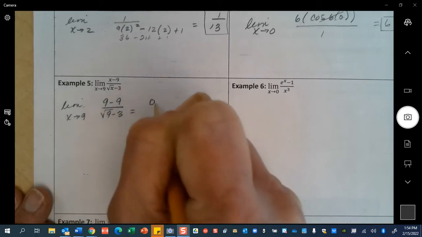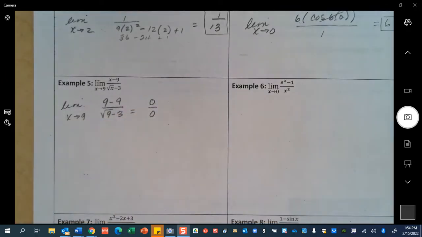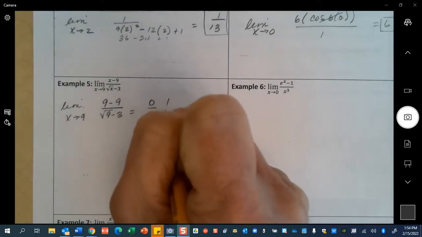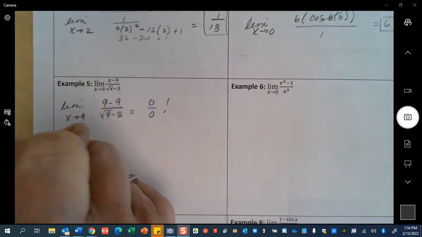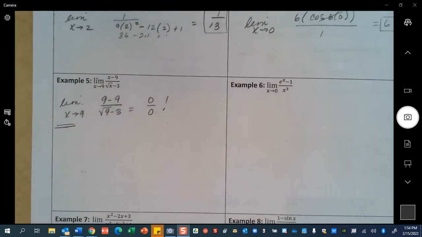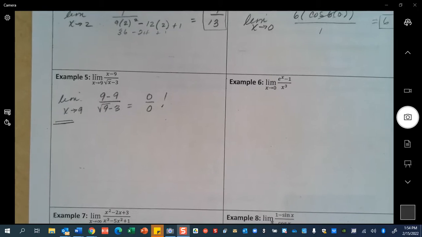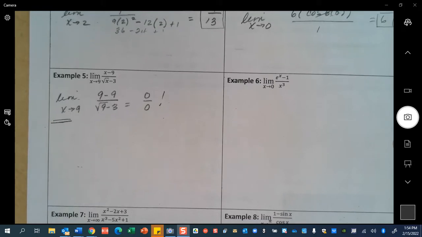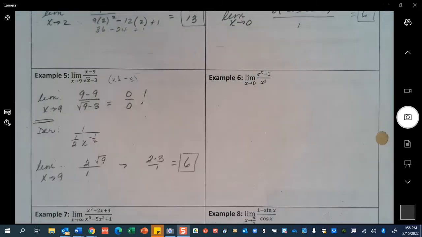What do we get? 0 over 0. Our indeterminate form. So go ahead and take the derivative. Talk to your friends, see what you get. So do we agree? Yes.